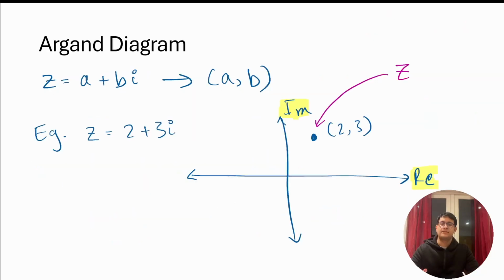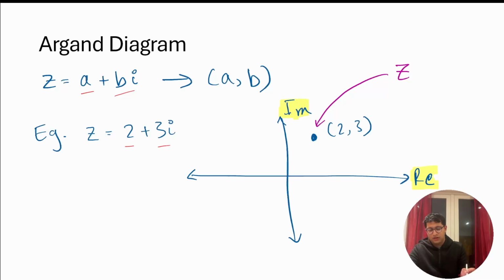Okay, let's talk about Argand diagrams. I don't know what I just said. Argand diagrams. So we're all very familiar with graphs and plotting xy coordinates and plotting lines and maybe even plotting quadratics. Argand diagrams work very similarly. Again, you just take a complex number in the form a plus bi. Example, 2 plus 3i.